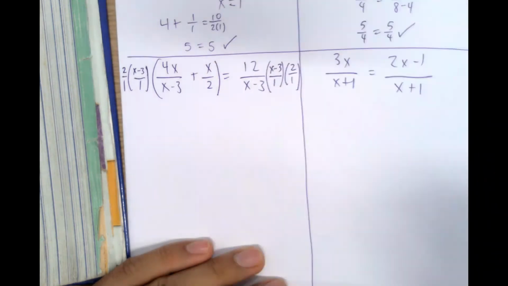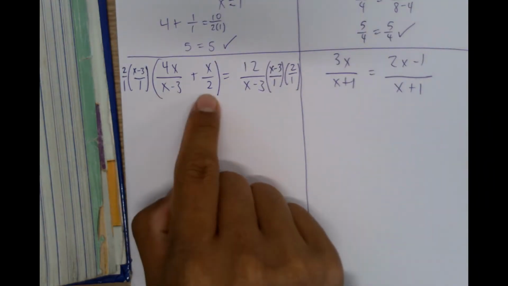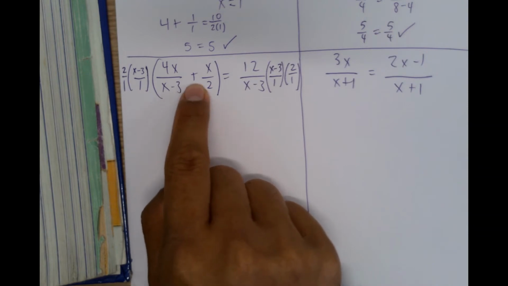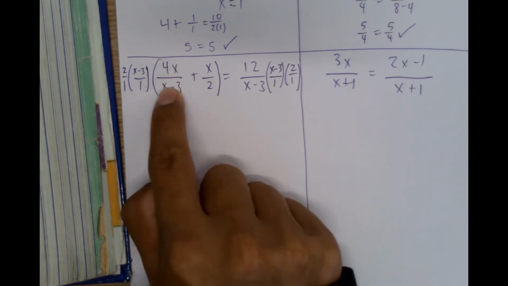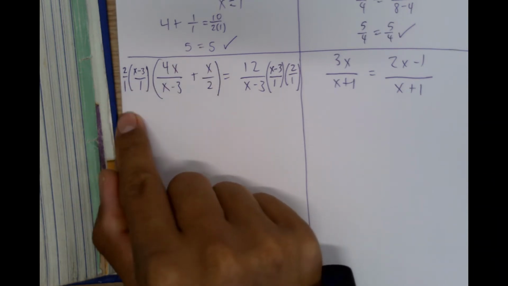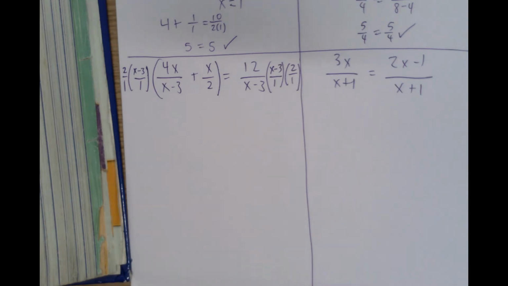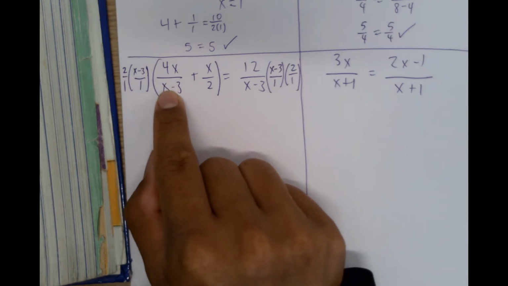If something is like this, where you see there's a plus in between, then we're going to multiply both the first fraction and the second fraction by whatever we're multiplying, okay? So if you're multiplying x minus 3 to the left-hand side, you're not only going to multiply the first fraction, but you're also going to multiply the second fraction.